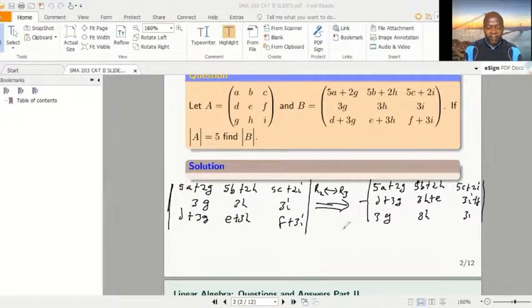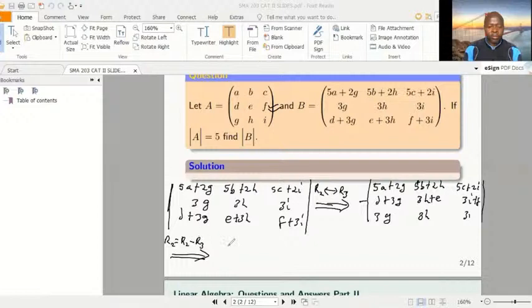Now, after that, you notice that if I was to subtract row 3 from row 2, I would have D, E, F in row 2 as it is in matrix A. So the next step is to get the new row 2, subtract row 3 from row 2.